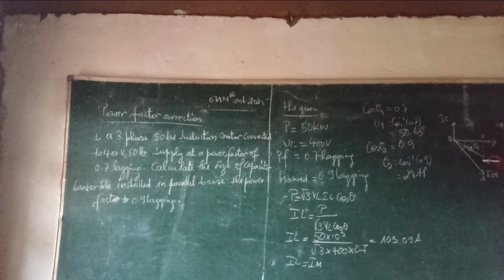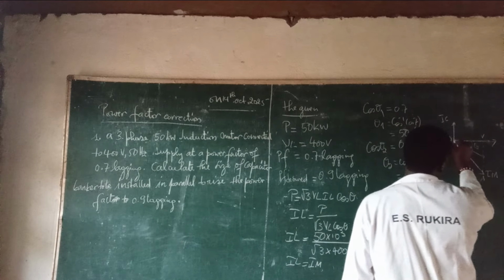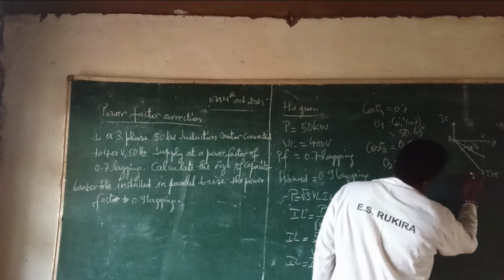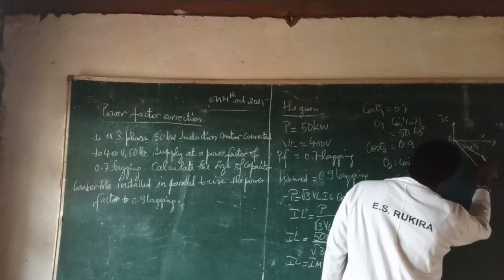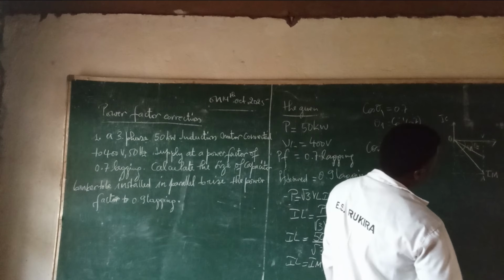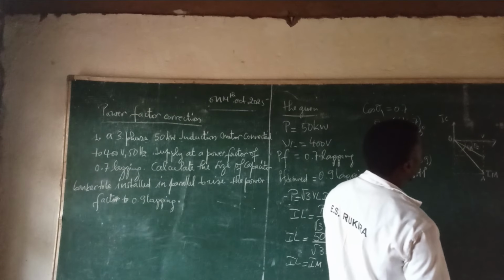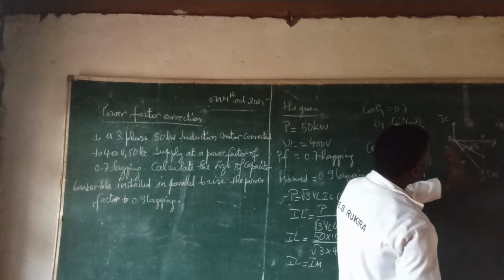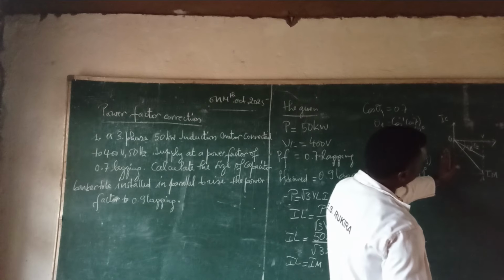Now, for the active and reactive components, for active we use the cosine and for reactive we use the sine.